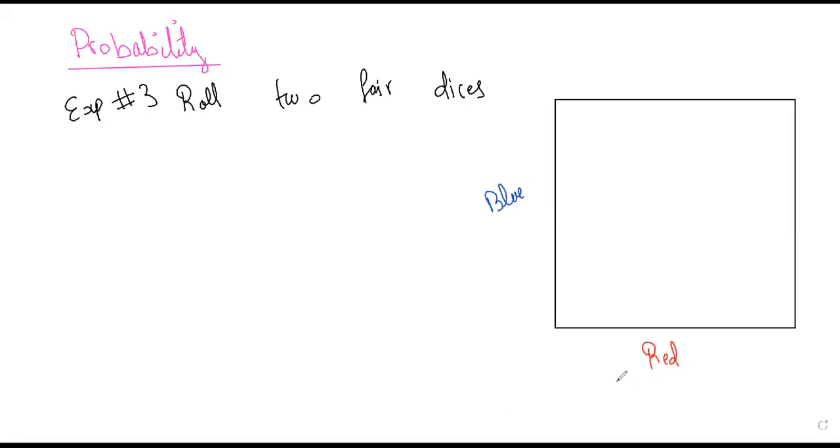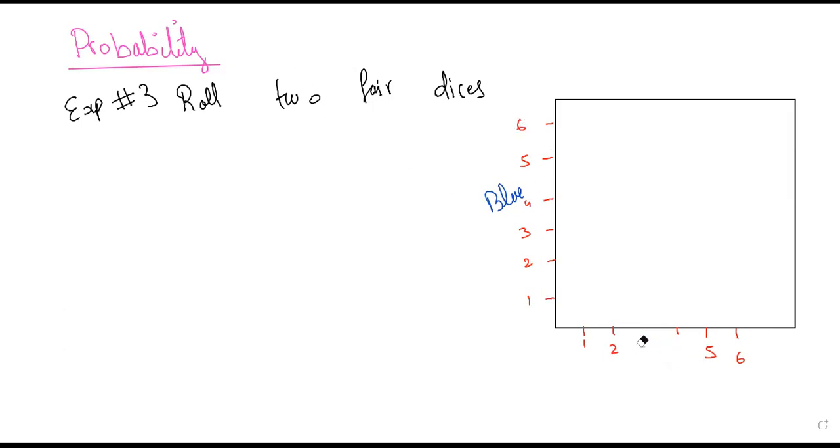You could get 1, 2, 3, 4, 5, and 6 on the red one, and again 1, 2, 3, 4, 5, 6 on the blue one.